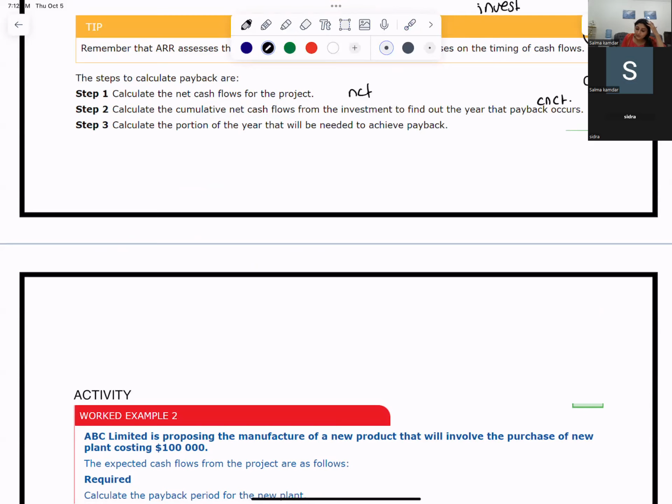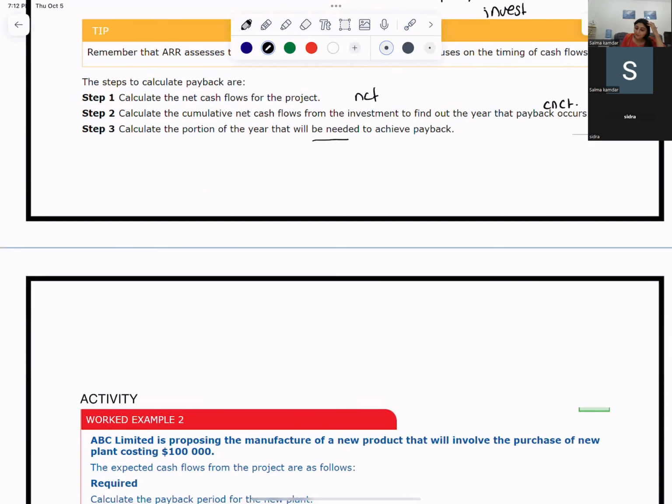And after that, you will calculate the number of years that you will take to recover your money, or you could say you will calculate the payback period.